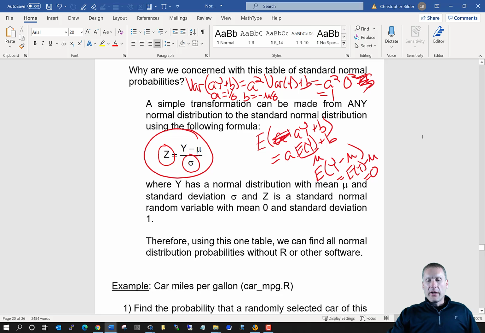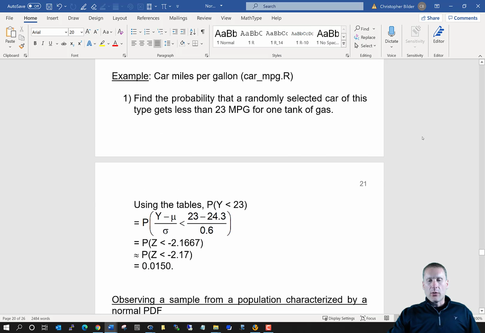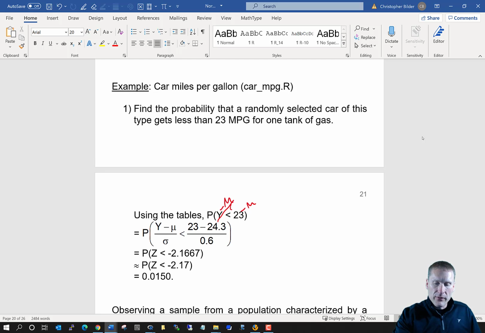So let's look at one more little simple case that corresponds to this. Let's say I want to find again the probability y is less than 23, but now using this little transformation so I can work with a standard normal random variable. So what I can do is subtract mu from both sides inside that probability, and then also divide by sigma on both sides of that probability.